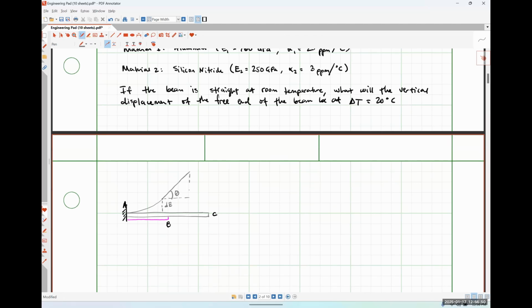And then this distance from here to here is the deflection away from point C. So we've got a curved section where our two materials are expanding at different rates, so they're fighting against each other and it produces the curvature. And then we've got another region that just has pure linear expansion. So that's what I'm attempting to draw with my rough picture.